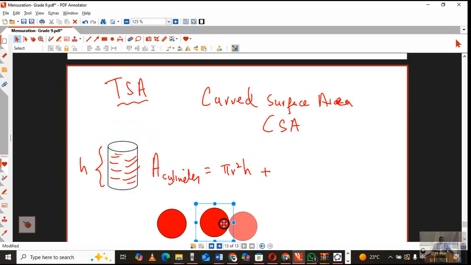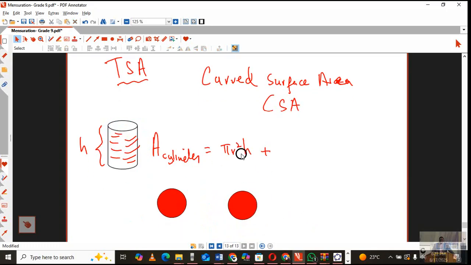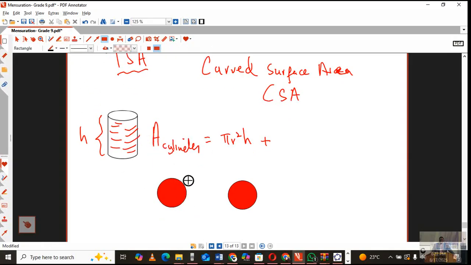And there's another one, pi r squared. So there will be two of them. So to find the area of a cylinder, the area of a cylinder is pi r squared times the height. So if you have to bring in a rectangle between the two, the rectangle is representing the part that I referred to.